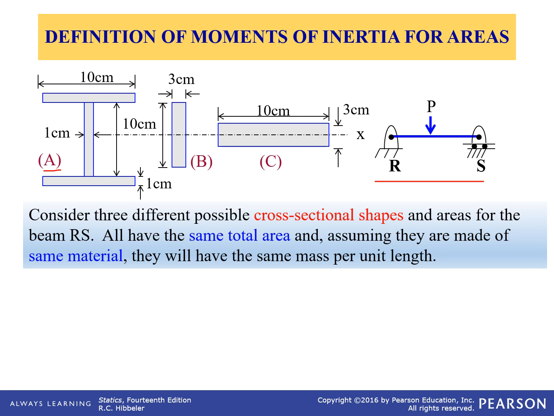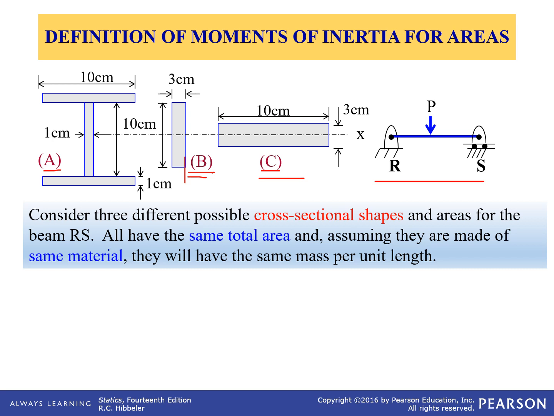A is an I-beam, like that, and then B is a vertical rectangular cross-sectional area, and C is a horizontal rectangular cross-sectional area, and they all have the same total area, and they are made of the same material.